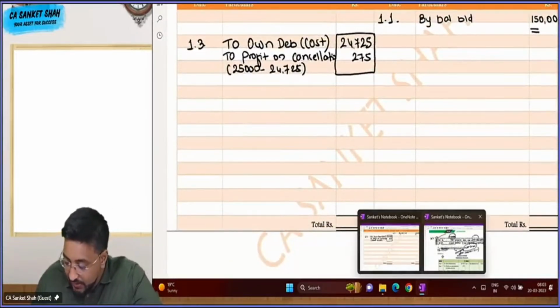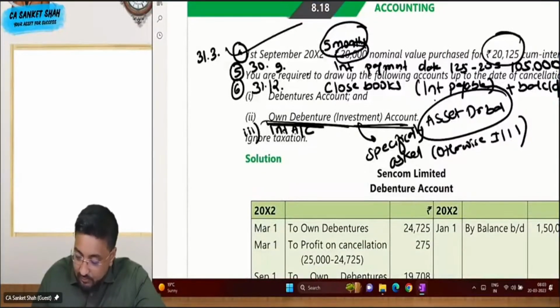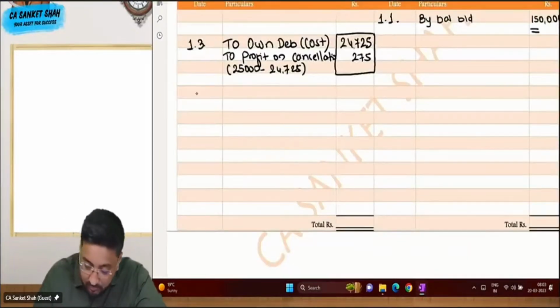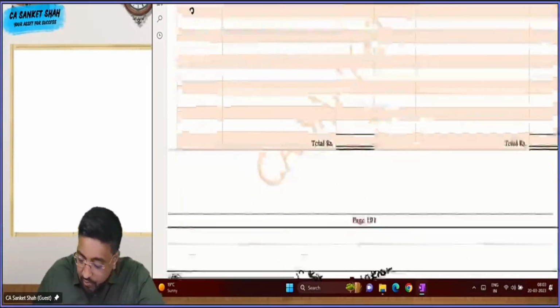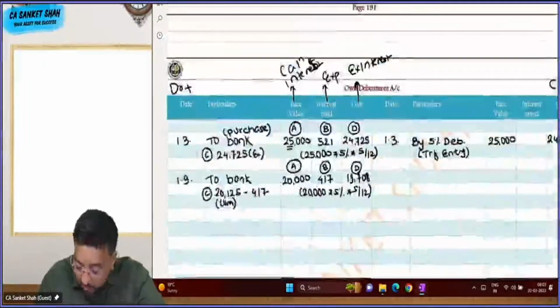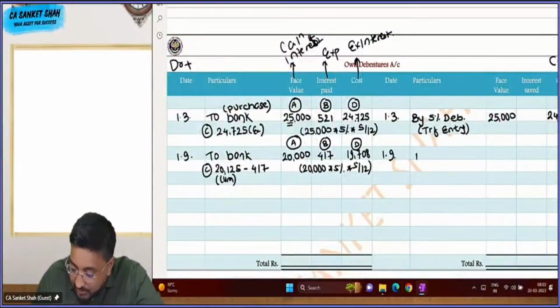Yes. Now what is the next? Next is that 30th September. Now next is beta again interest payment date. One more liability you are going to cancel, na sir? Yes, 1st September की liability कौन cancel करेगा sir?